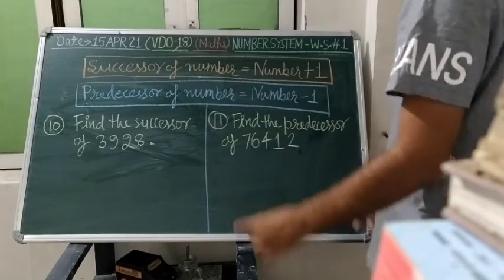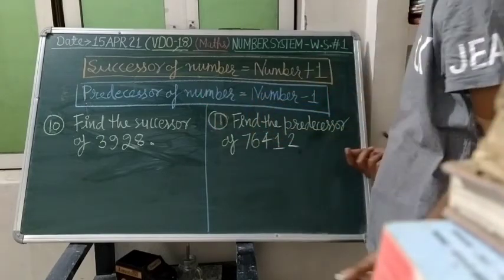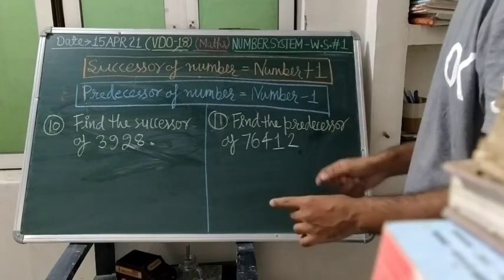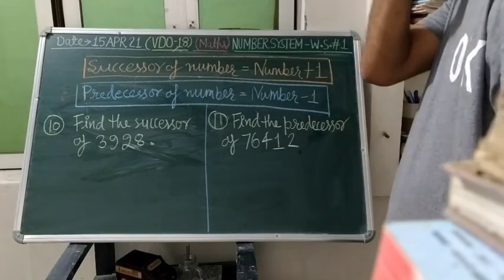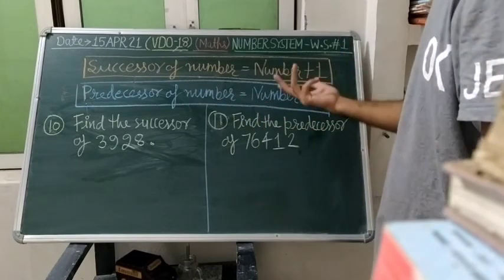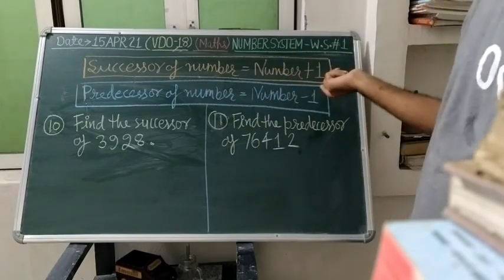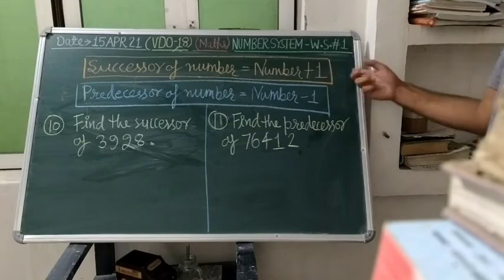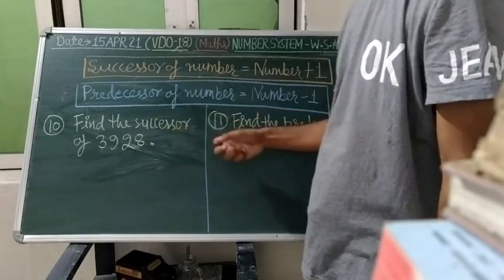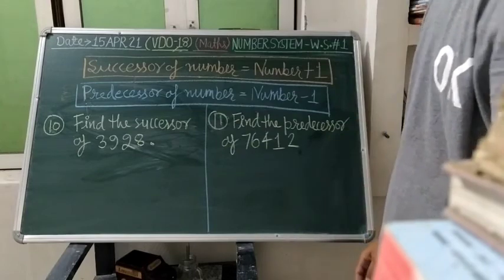The predecessor of a number is the number minus 1, so in the predecessor we subtract 1 from it. So in successor we add 1 and in predecessor we subtract 1. Based on this, here is a problem: find the successor of 3928.